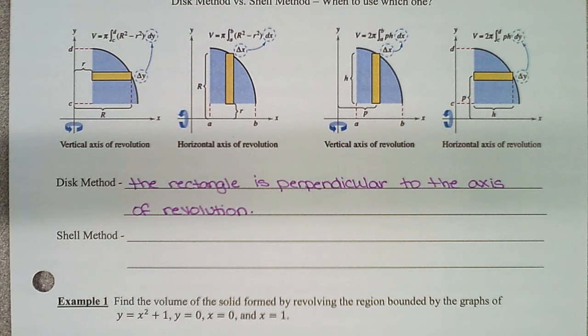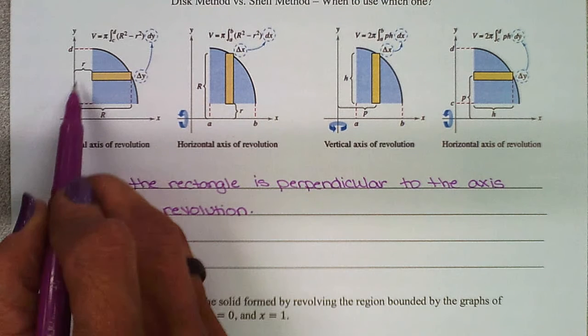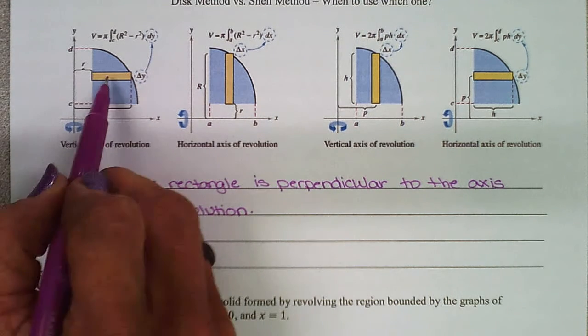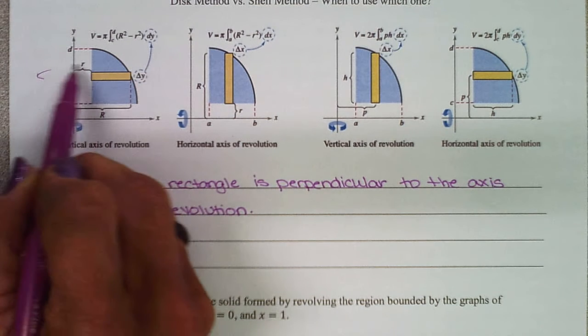Because whenever that rectangle sits perpendicular, like this one here, this is our axis of revolution. We're sitting perpendicular this way. As we rotate around, this one's going to end up being a disk method.